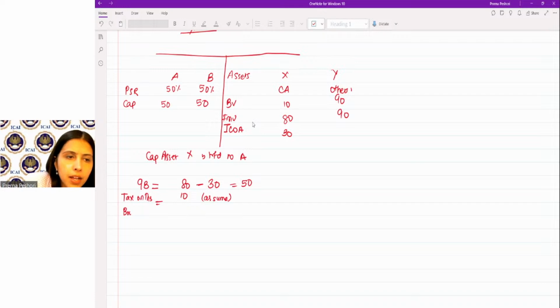What will be my gains in the books of account, or book gains as per books of accounts? What will be my book gain? 80 minus 10. In the books of accounts, I will not take indexed cost of acquisition. I will take the book value only, which is 10. So 70.